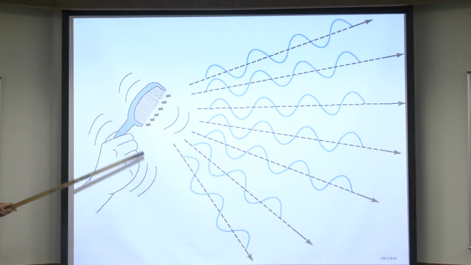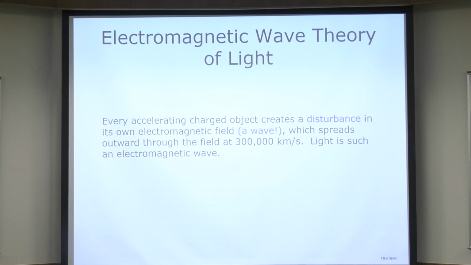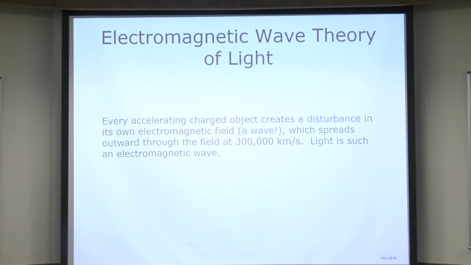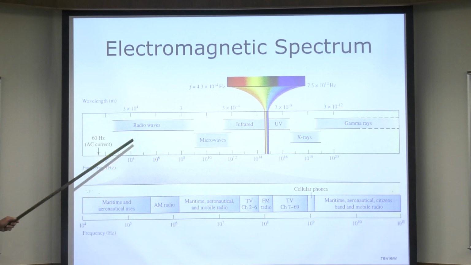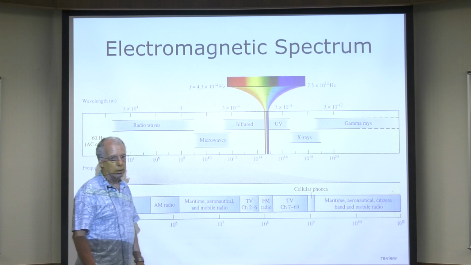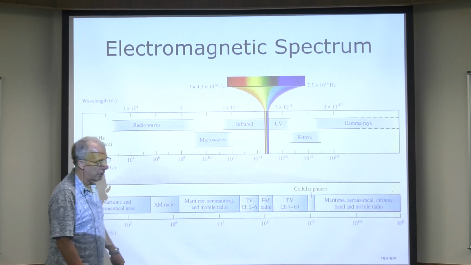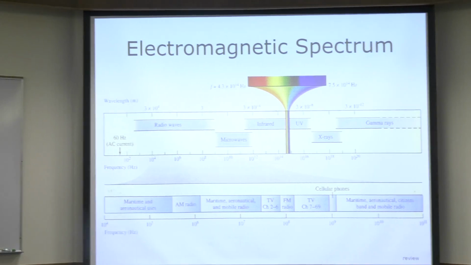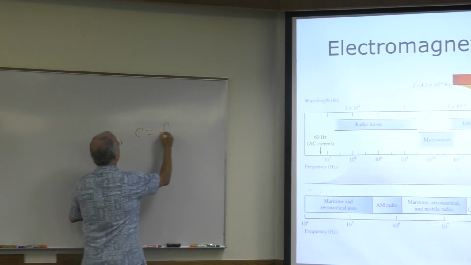If you have a charged object and you accelerate it, you get changing E fields, changing B fields, which recreate themselves, and you get a wave. And the wave travels at the speed of light because it's light. The important thing about that is every single type of light has the same speed of light, 3 times 10 to the 8th meters per second. But remember, speed of light equals f lambda.